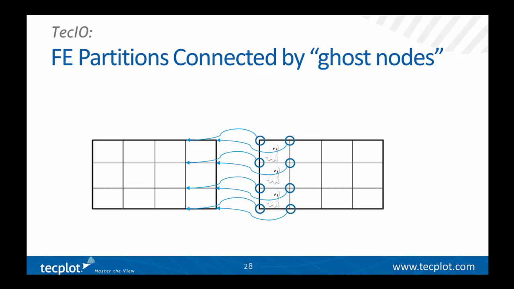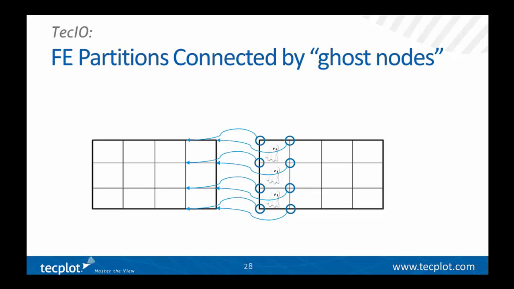Now some specifics. Finite element partitions. The TechIO library has to have information to know how to connect up each individual partition, and it does this through users having some ghost information. It's pretty common, although not universally true, that parallel flow solvers will apply boundary conditions by maintaining ghost cells which reside just outside the boundary of each partition's calculated cells.